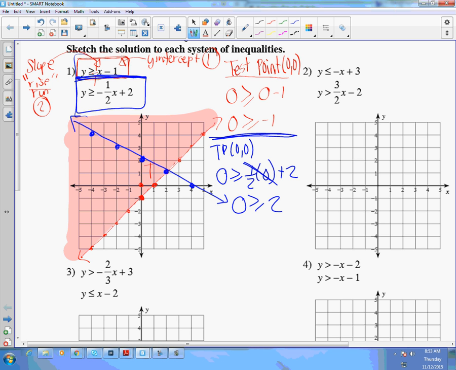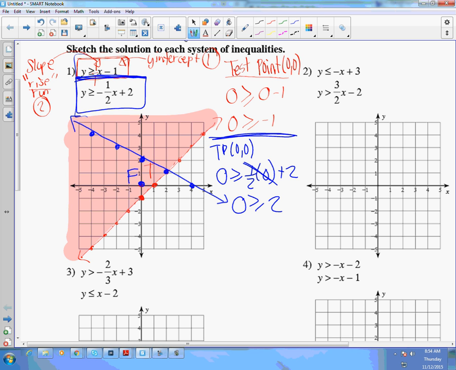That's why 0 is really nice, because it gives you a cancel. True or false? Is 0 greater than or equal to positive 2? No, it's actually false. So this point here is false.